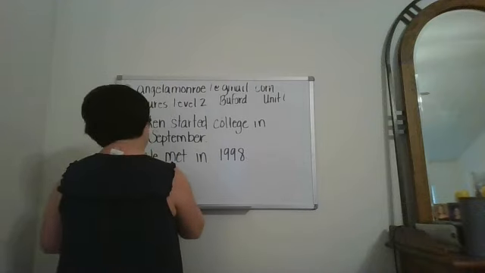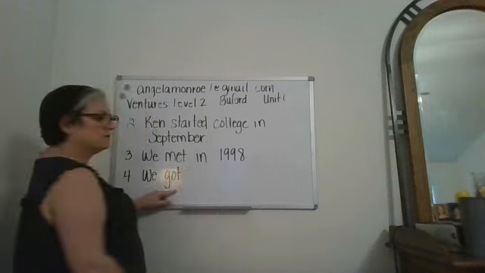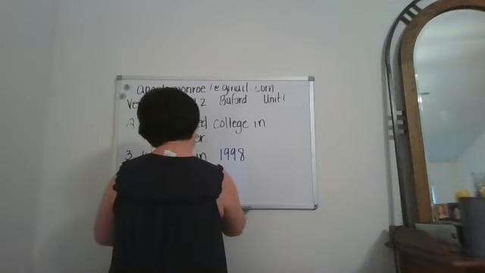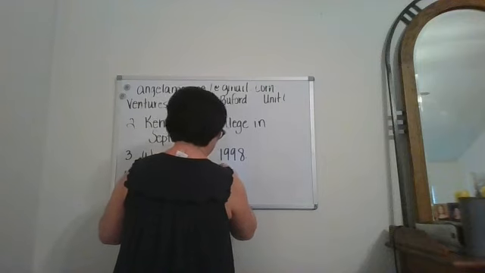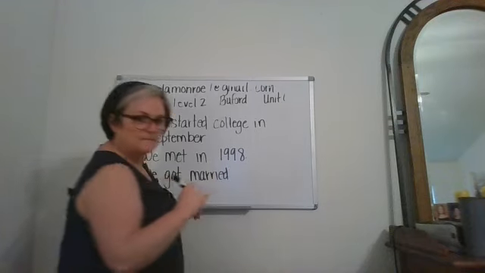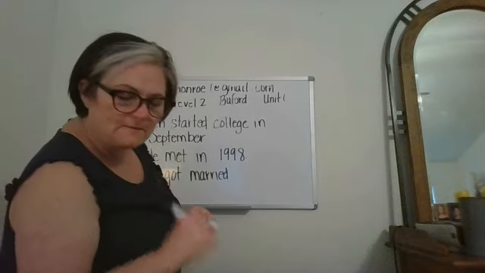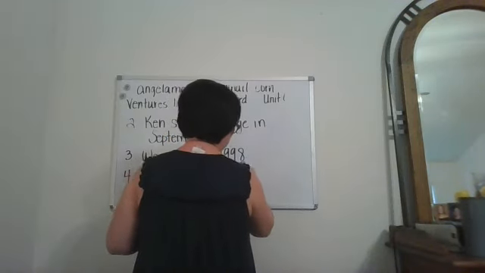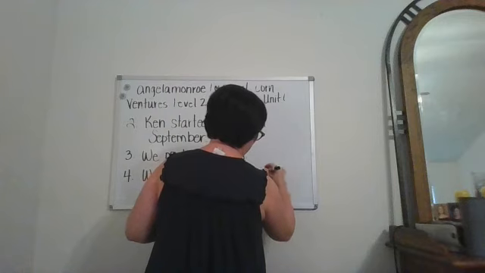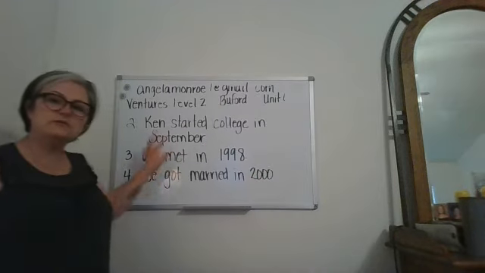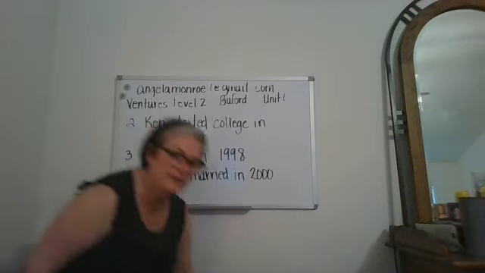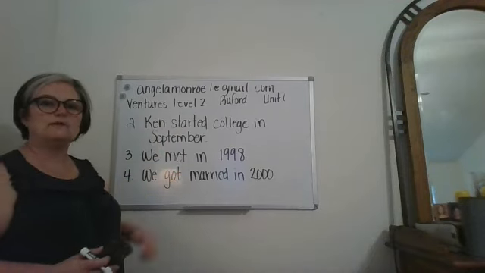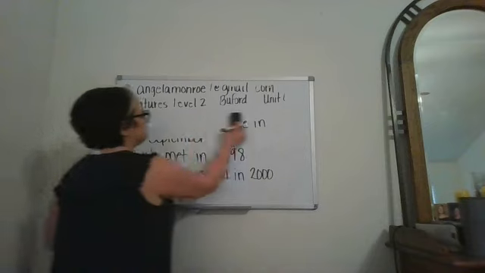We got, there's your verb, past tense, irregular, married. In 2000. Okay, so if you need to see these for longer, go ahead and stop your video. Otherwise, I'm going to erase them and we'll keep going.